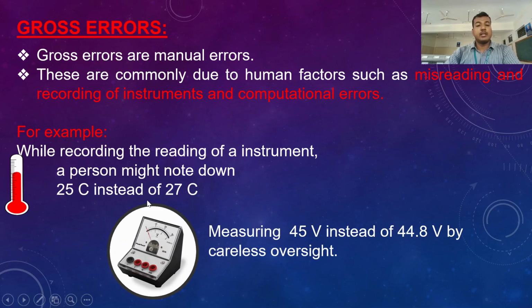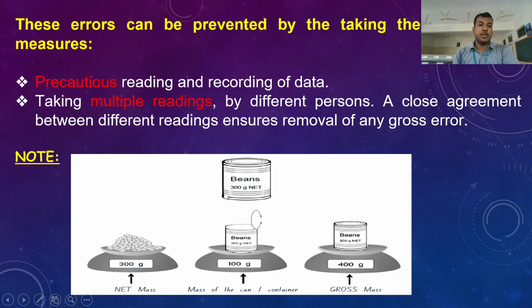In this figure we can see voltage being measured with a voltmeter, reading 45 volt instead of 44.8 volt by careless oversight. When we measure with some change in the viewing angle, the readings might change. That is what is mentioned here.